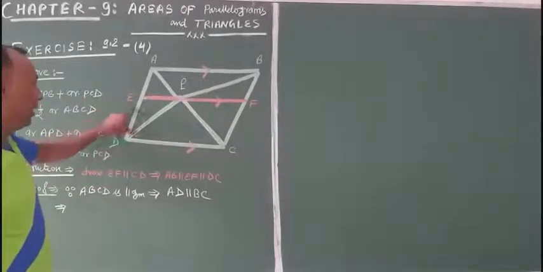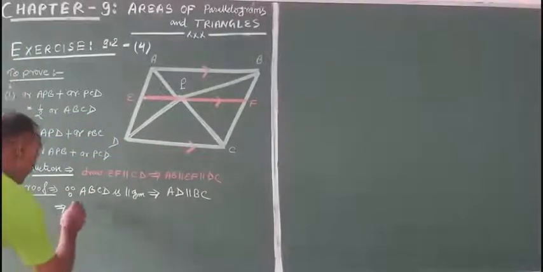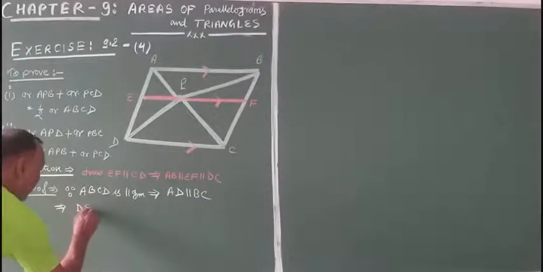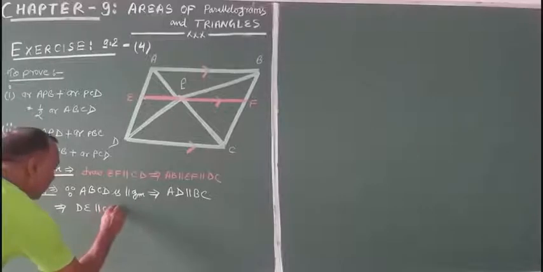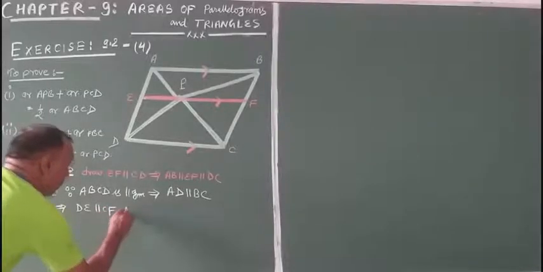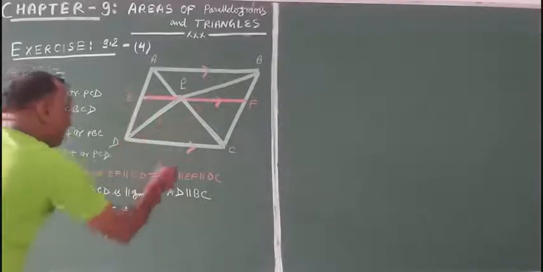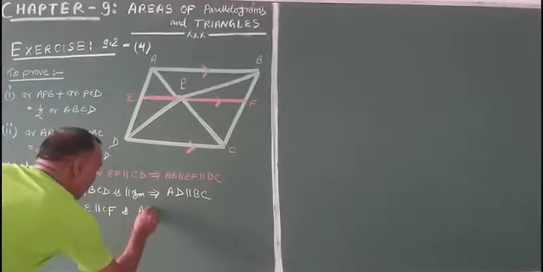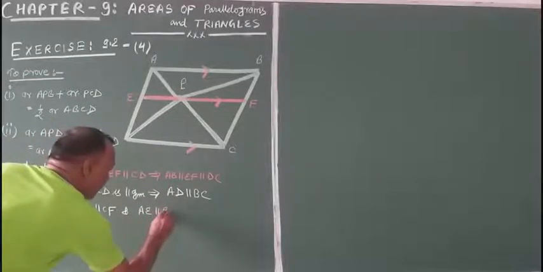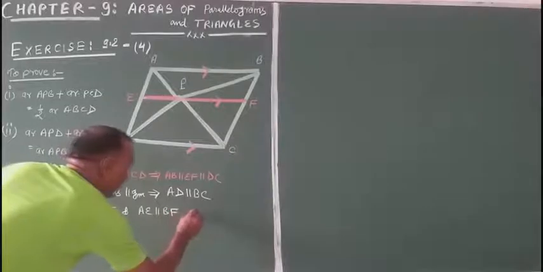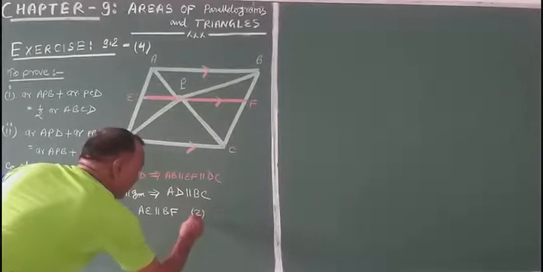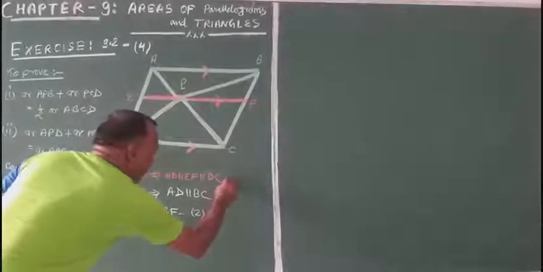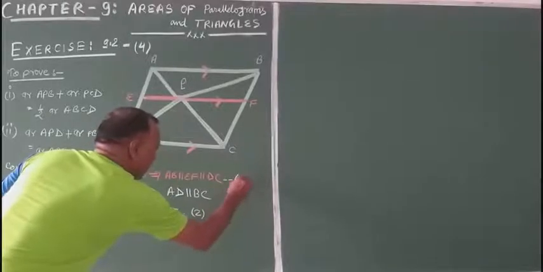Therefore DE will be parallel to CF, and AE parallel BF. Suppose this is equation number 2 and this was equation number 1.